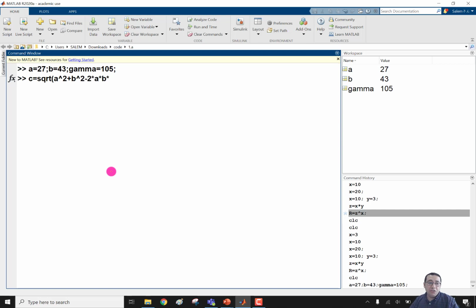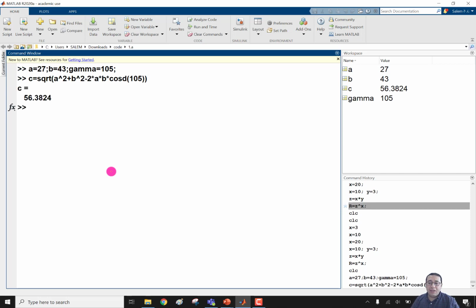And alpha is in degrees, so it should be cosined, not only cosine. So it should be cosd, and then open parentheses, write 105, close the parentheses, close the whole parentheses, and press enter. And then we have the value of the side C, which is 56.38 something.